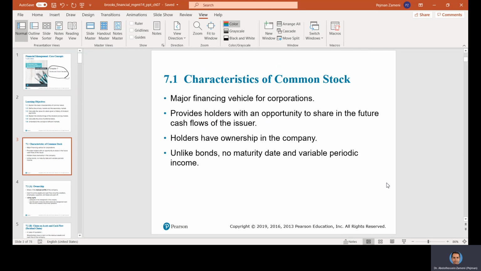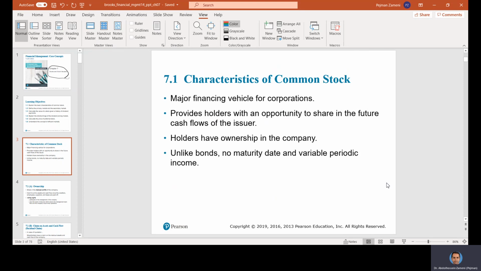Capital gains is one way and dividend is another way that shareholders can benefit. But the company will not necessarily pay dividends. If it doesn't, the shareholders will benefit only from capital gains, hopefully the price goes higher than the price at which they bought the share. Otherwise, if the price drops below the price they bought at, this is considered a loss.